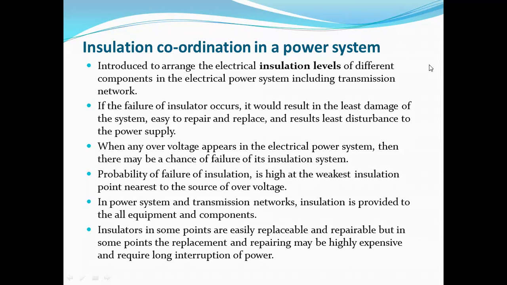For every equipment there is insulation, for every conductor we are using insulation. But what happens when we consider long transmission lines? Can we use insulation for such long transmission lines? Is it feasible to use insulators for such lines?